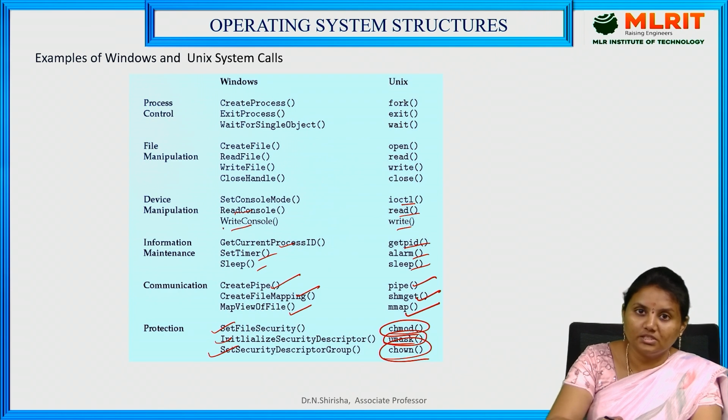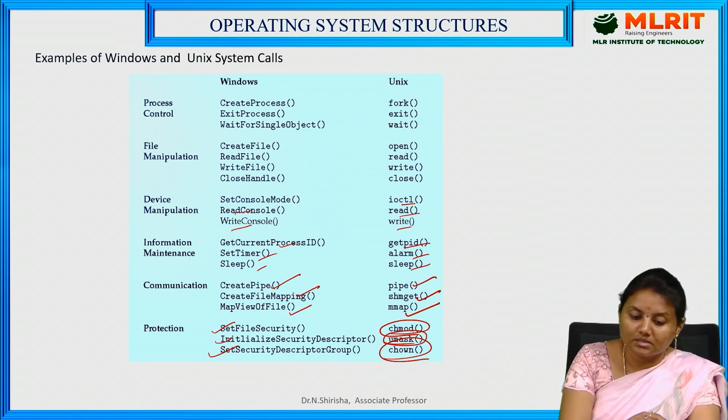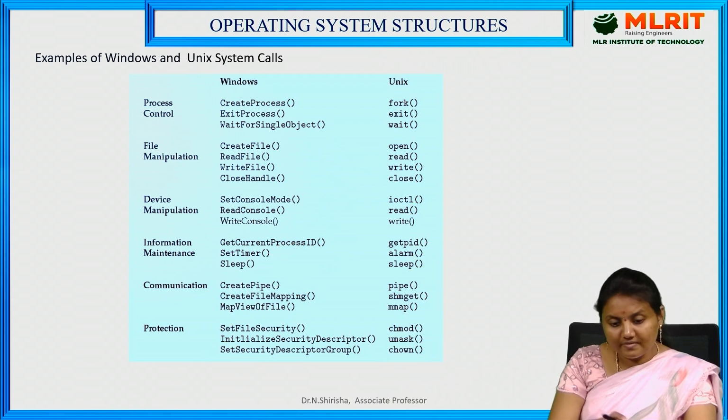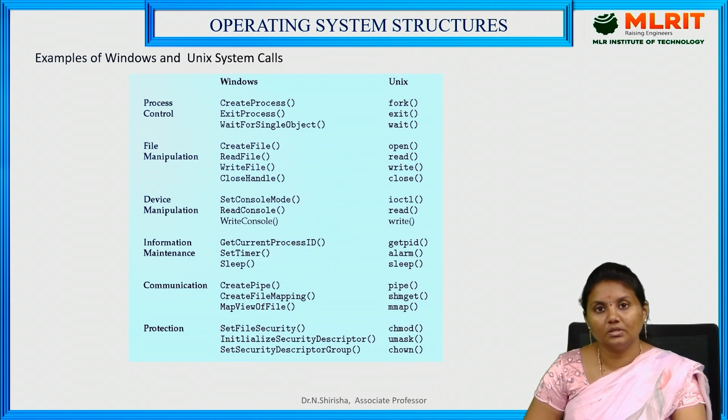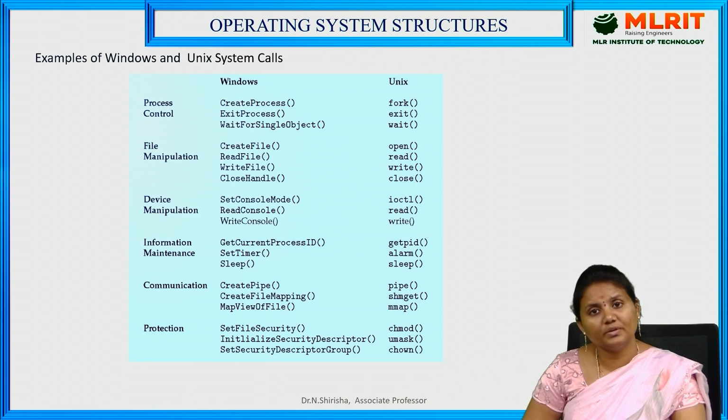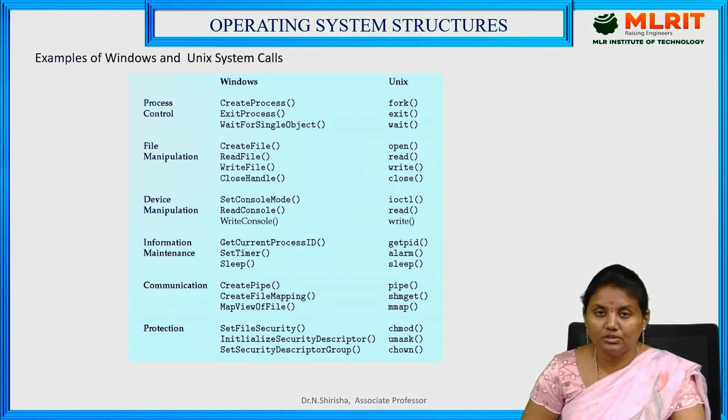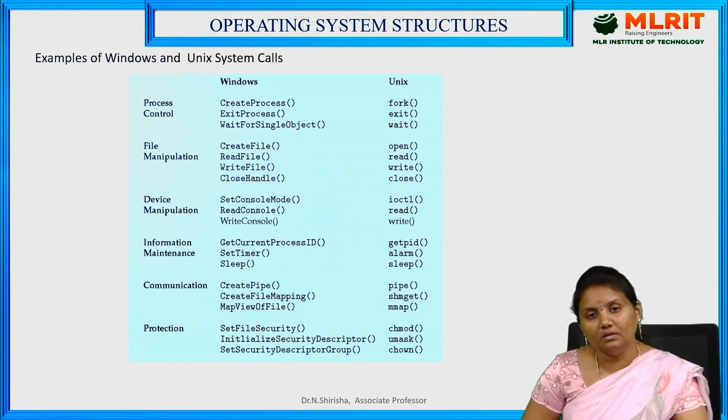The same is changed in information maintenance in the Windows operating system. So like this, we use several sets of system calls. These are just a few system calls that I am showing you here. Apart from this, we have many system calls, but based upon the requirement of the user, you need to understand which system call is to be used so that it fulfills the requirement.